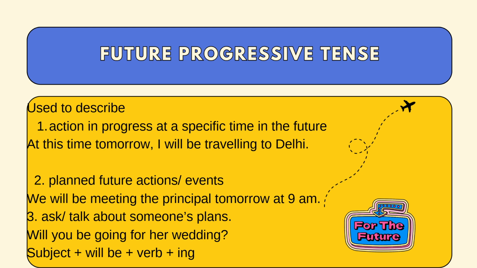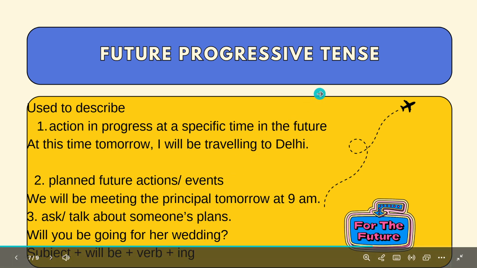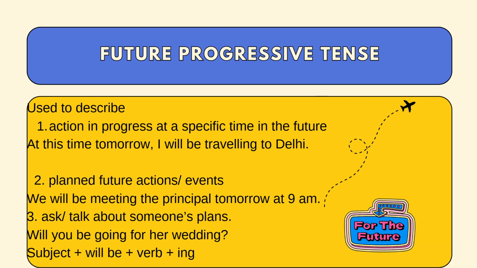So, at this specific time tomorrow, this action will be taking place in the future. The structure that you will have to use here is subject plus will be plus verb plus ing.